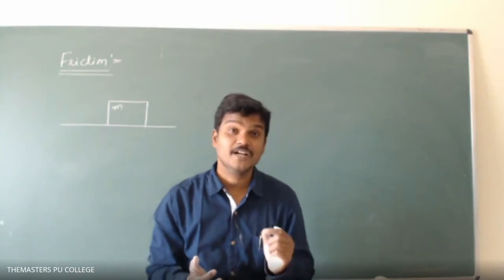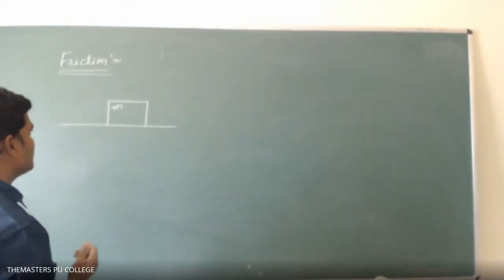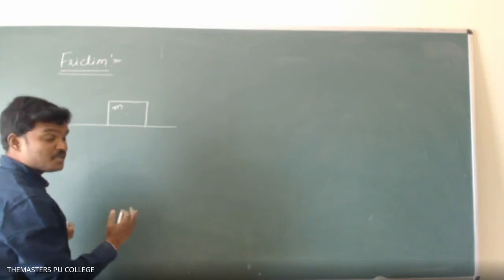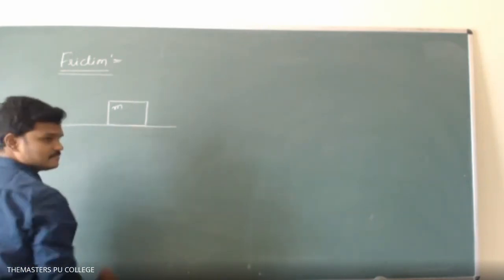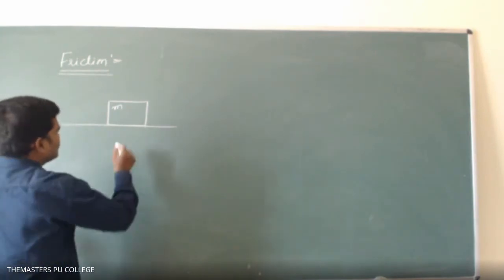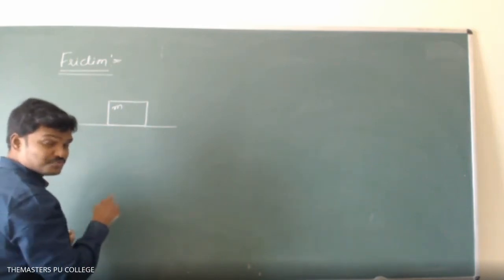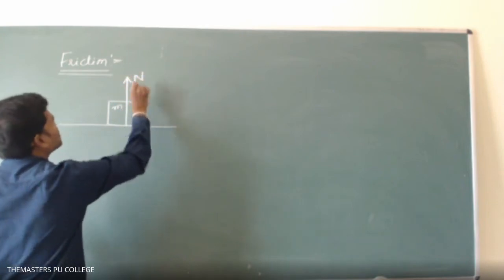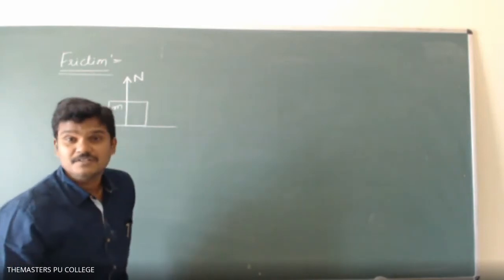And there are two different types of contact forces. Let us see what they are. One contact force acts perpendicular to the contact surface. See, this is the contact surface. That force we call the normal reaction force.